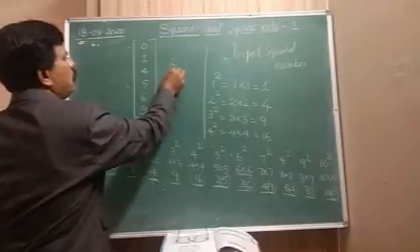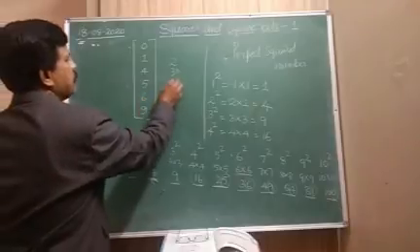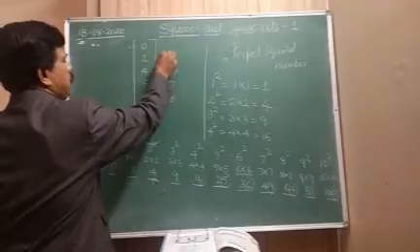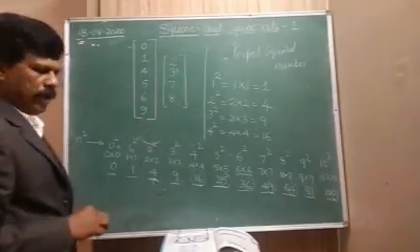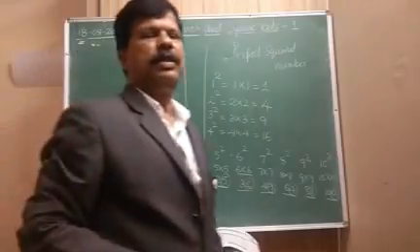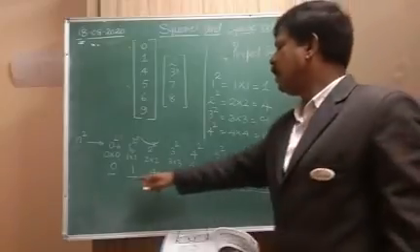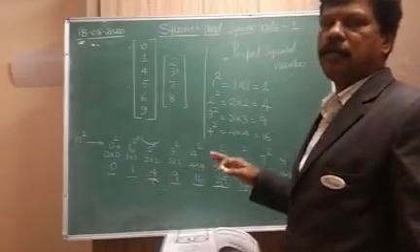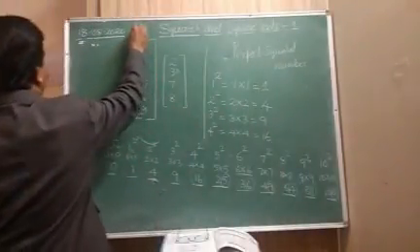After 2, 3. 4 is there, 5 is there, 6 is there, then 7 and then 8. See, these are the digits 2, 3, 7, 8. These are the digits which do not occur in the unit place of any perfect square number. These are very important points.